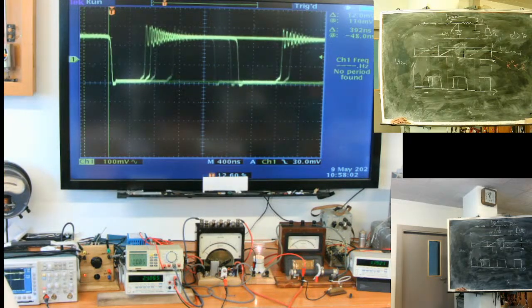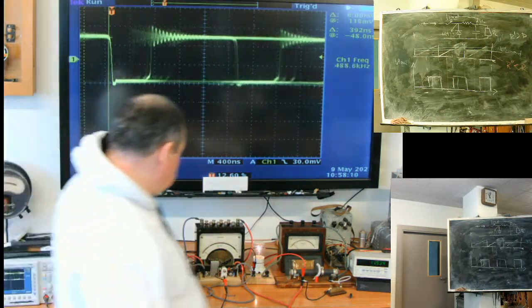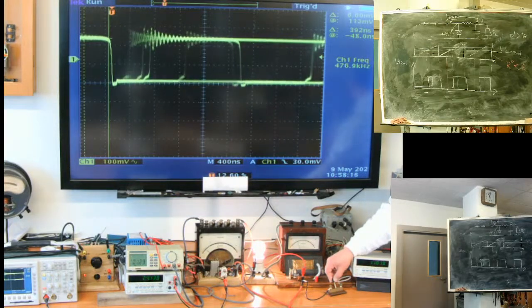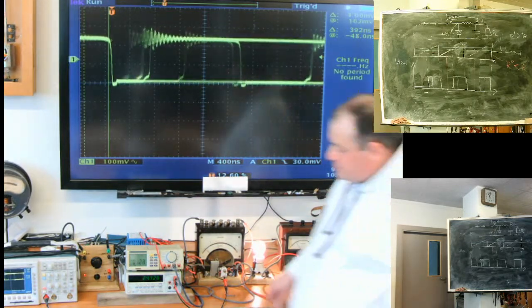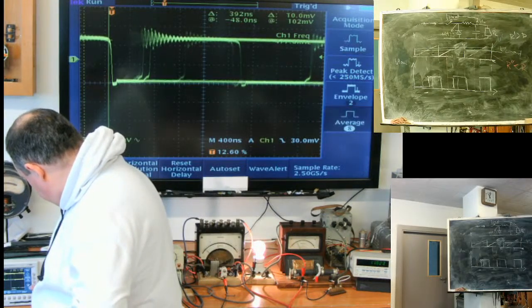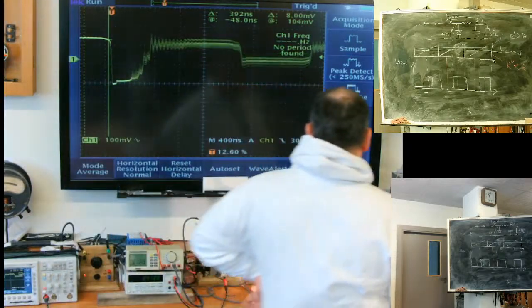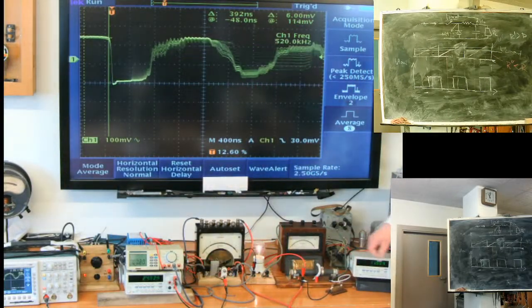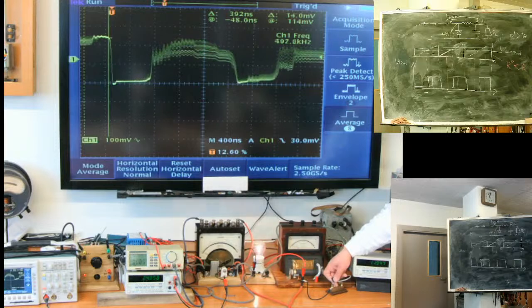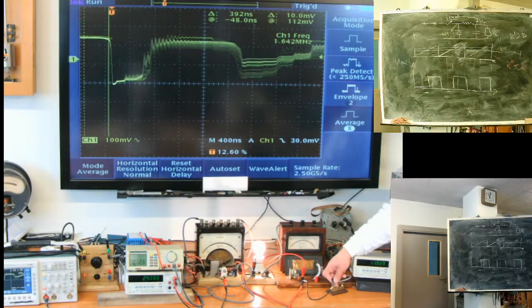What can we do? Let's try to see how it will react to load change. Take a look, I will double the load. This is average. Half a load, full load. Do you see what changes?